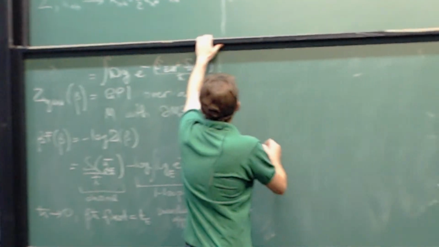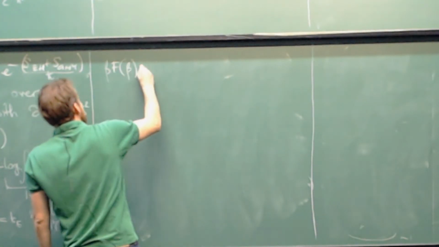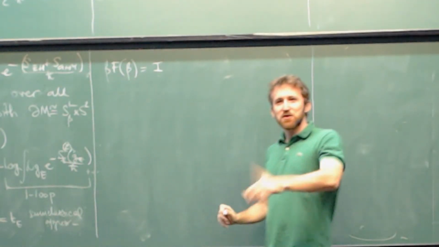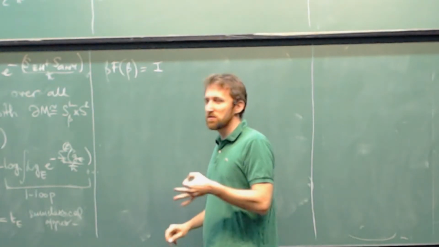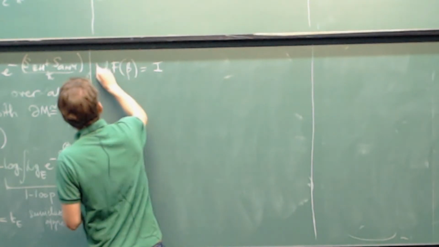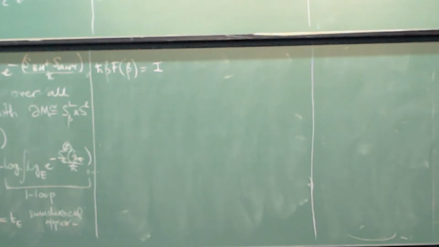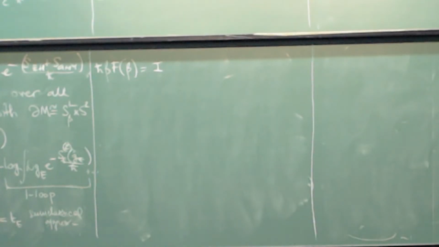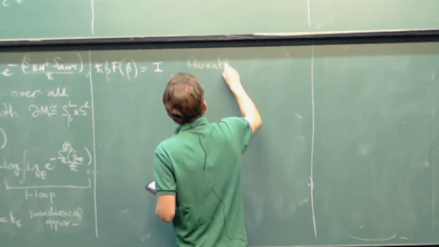Therefore, I have the equation beta F equals I, where I've changed name, and I is the on-shell action evaluated on the solution. This equation is sufficiently surprising to deserve a name on its own, and we call it the quantum statistical relation.